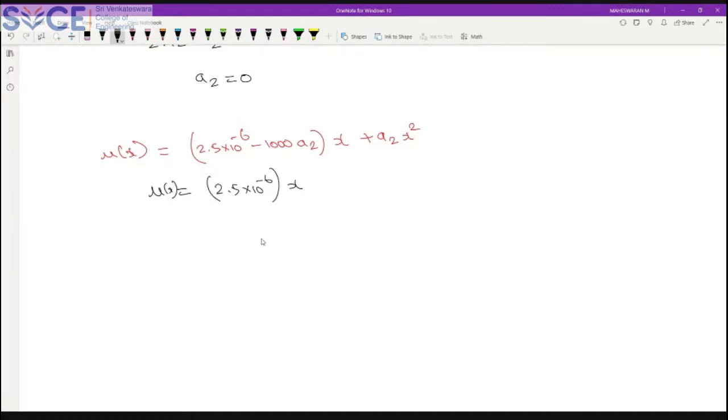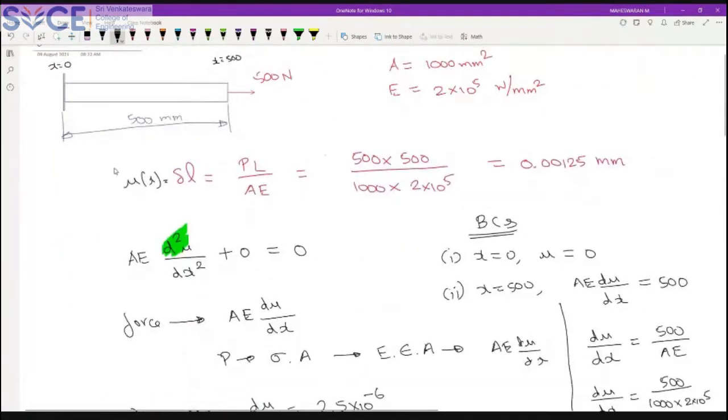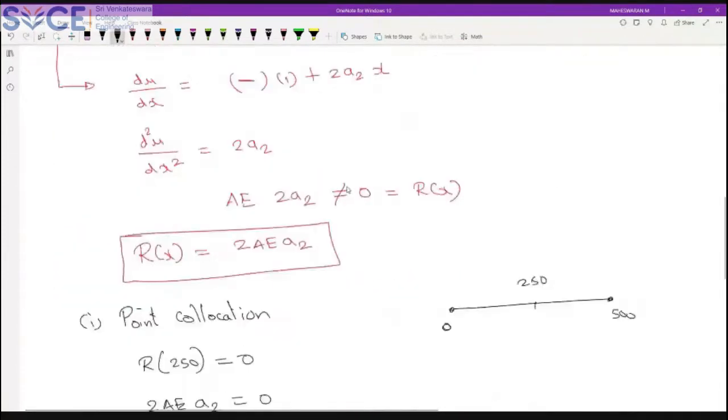We already identified in the earlier material that at x is equal to 500 mm, my deflection is 0.00125 mm, by applying PL by AE. So let me check it out.